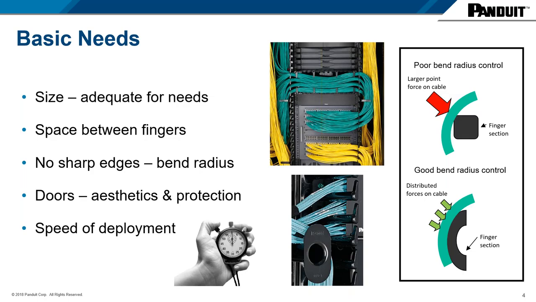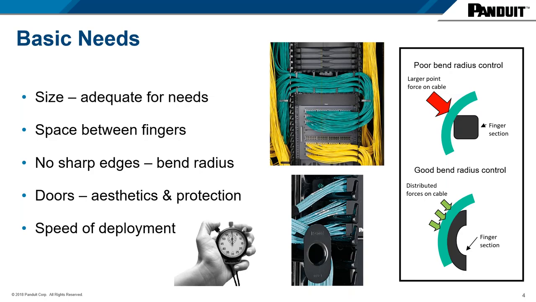Now, one of the most, if not the most important component of a quality cable management system is bend radius control. Any channel where cable is routed should be void of any sharp edges or pinch points. Now, you can see in the image on the right that poor bend radius control creates a larger point of force on the cable, and that can create kinks or microbends.